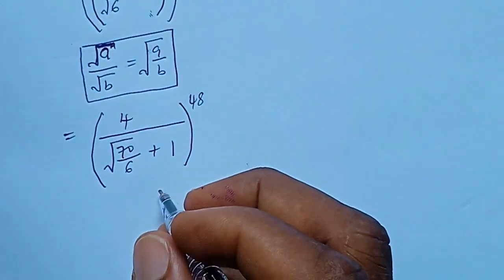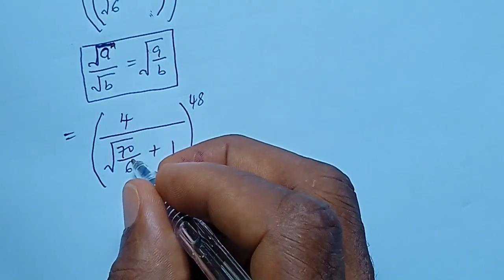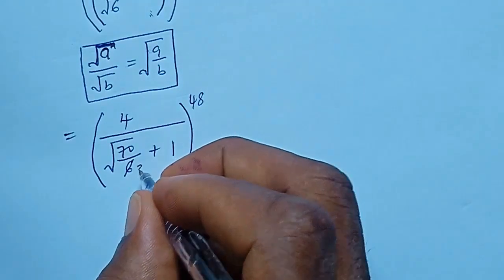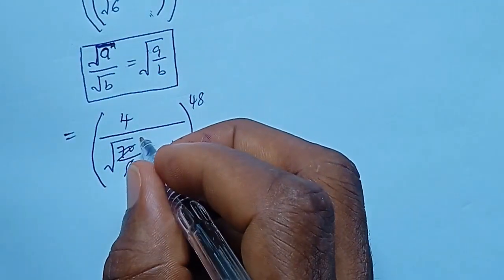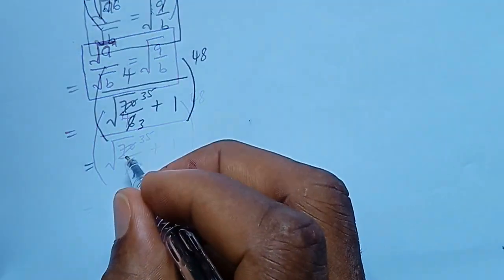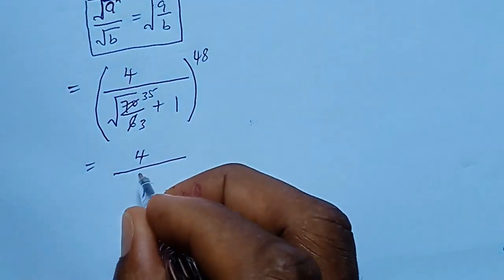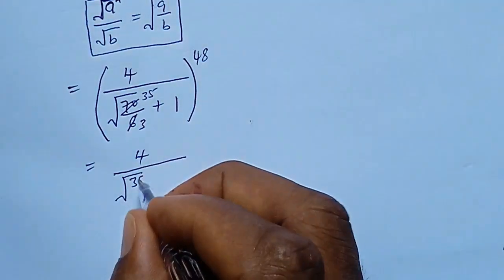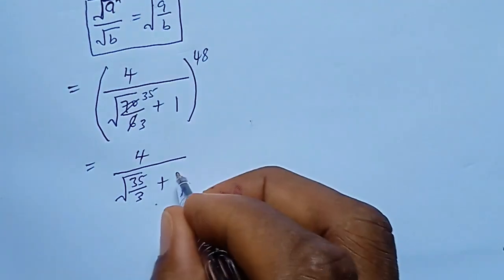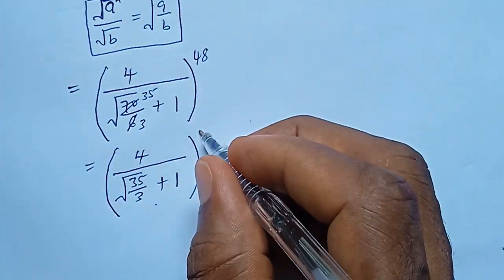That can be done by dividing by 2: 6 divided by 2 is 3, and 70 divided by 2 is 35. So our next step becomes 4 over square root of 35 over 3 plus 1, all in brackets raised to power 48.